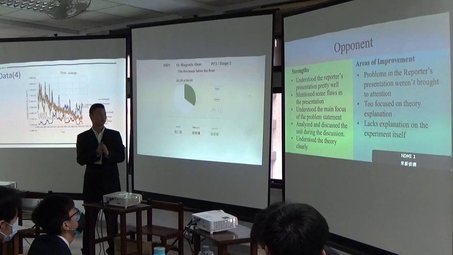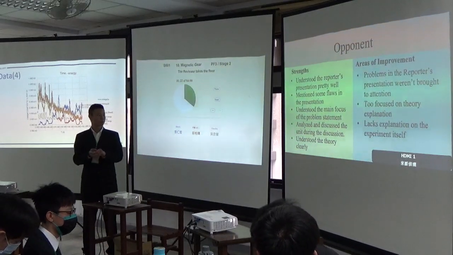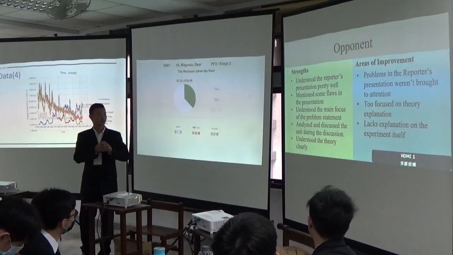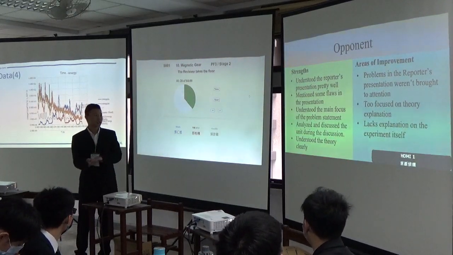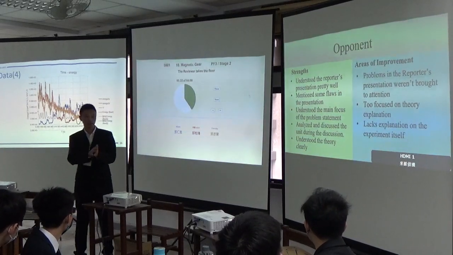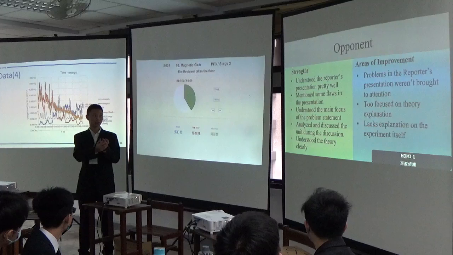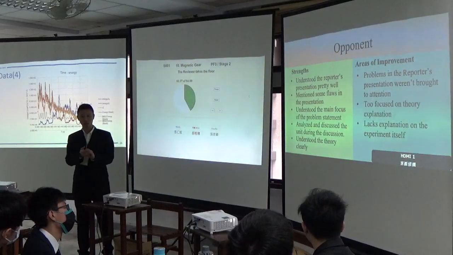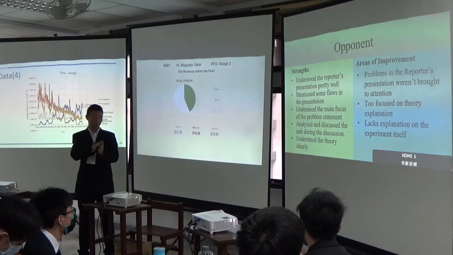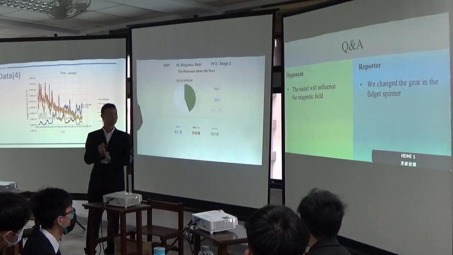And he understood the main focus of the problem statement and analyzed and discussed the unit during the discussion. However, I think what the opponent didn't achieve is some problems in the reporter's presentation were not brought to attention. And he also was too focused on the theory and lacks the explanation on experiment itself.